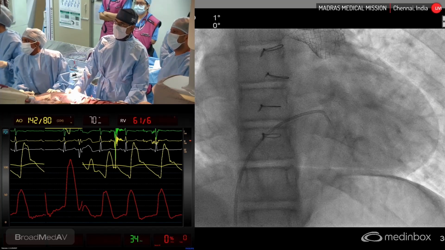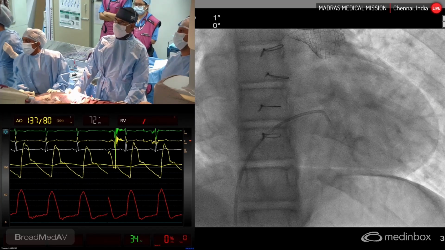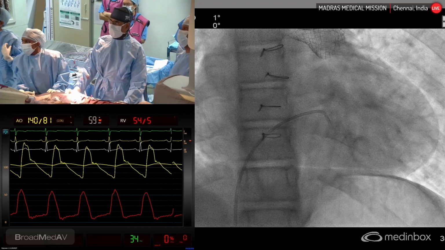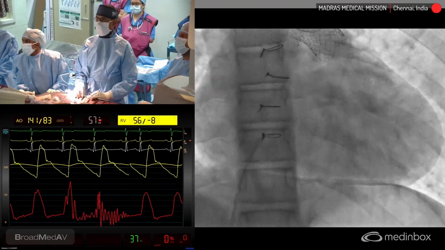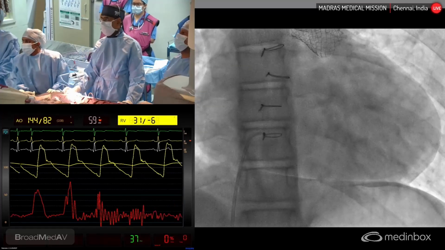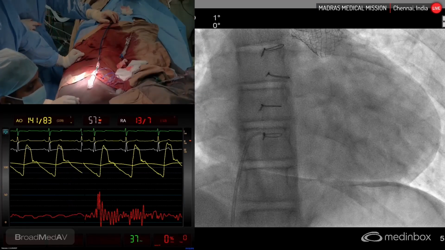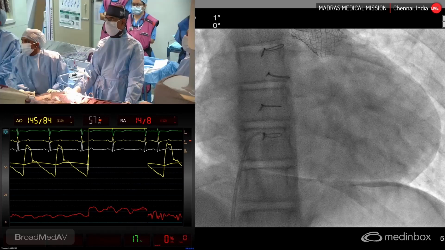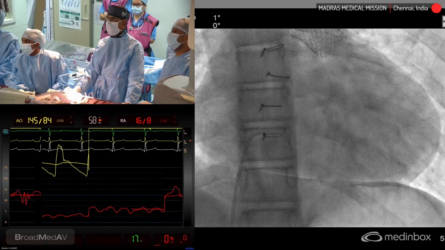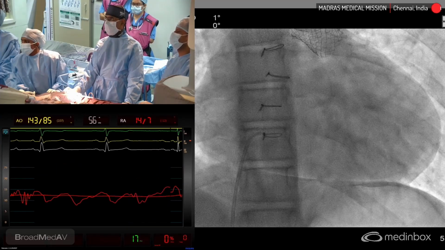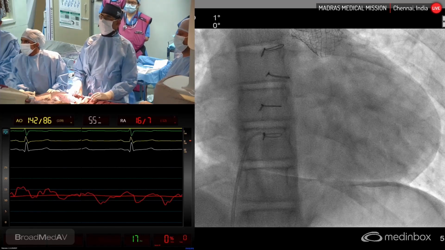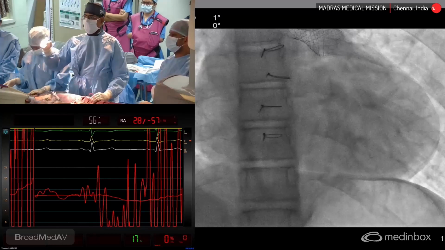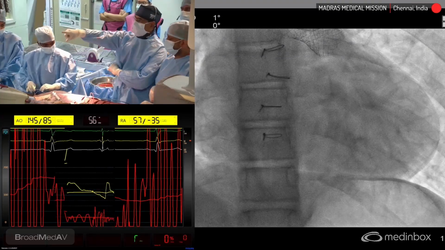Yeah, now we have the right ventricle is about 58 millimeters of mercury. Now we are coming into the right atrium. The right atrium is around 12 millimeters of mercury.